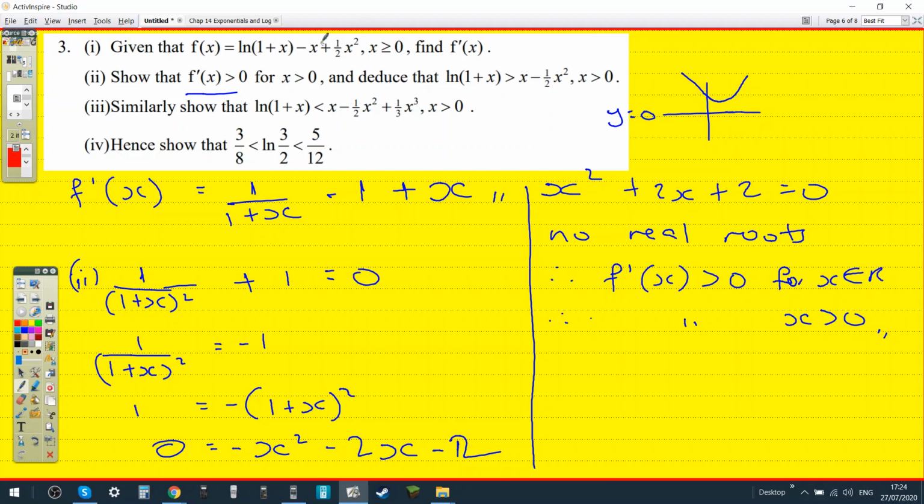I don't know. I suppose if you take away x, yeah, that's then and this is all greater than y, you know, y equals f of x, then yeah, this part definitely. f of x is greater than 0, and then they just wrote the x and the half x squared to the other side.